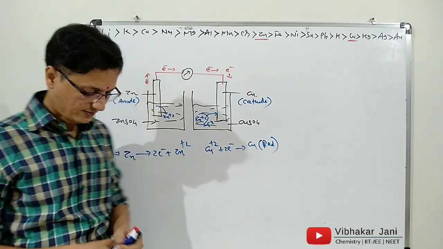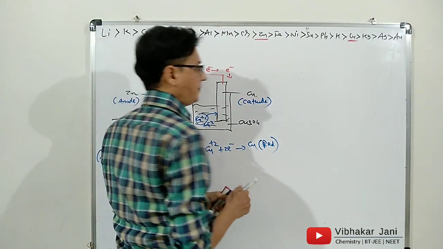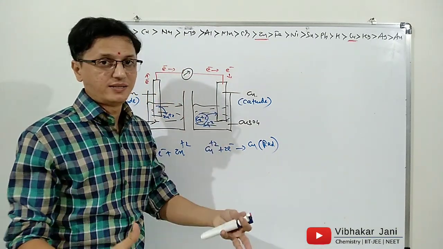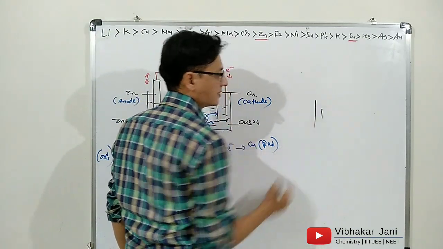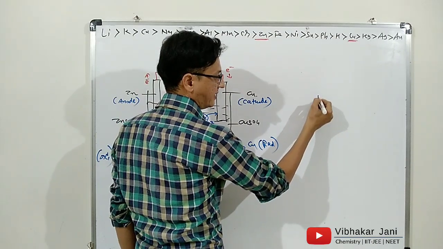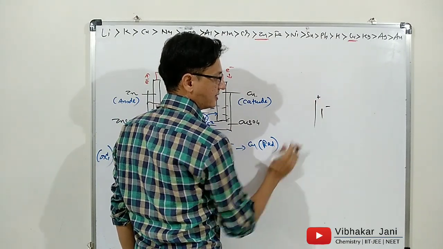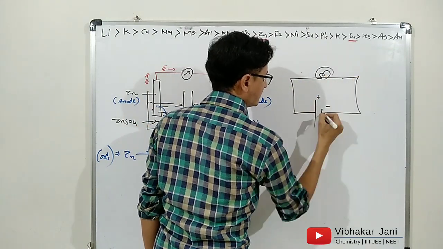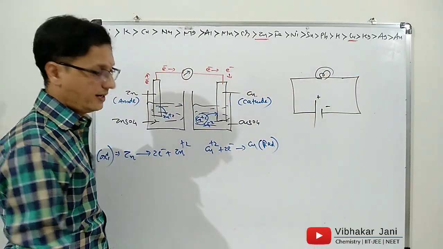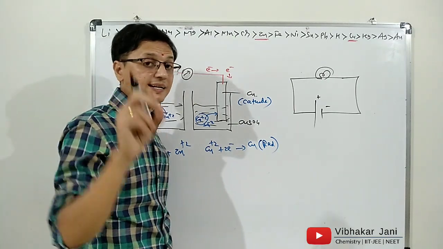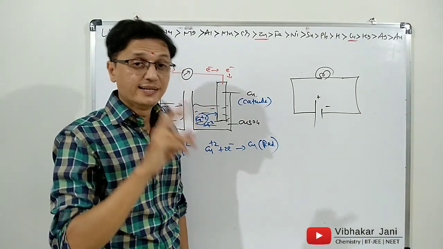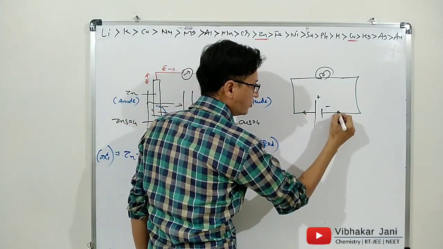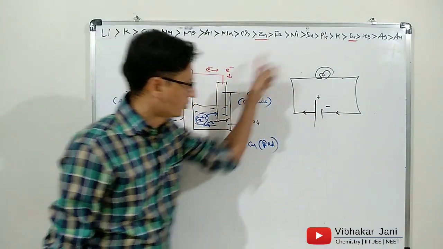When the chemical reaction is on, electricity is also produced continuously and spontaneously. But one more thing. In standard 10, you learned how to draw an electrical circuit. Suppose this is the cell, this large line is the positive pole, this is the negative pole, and this is the wire. You know that the direction of current is always from the positive pole to the negative pole.